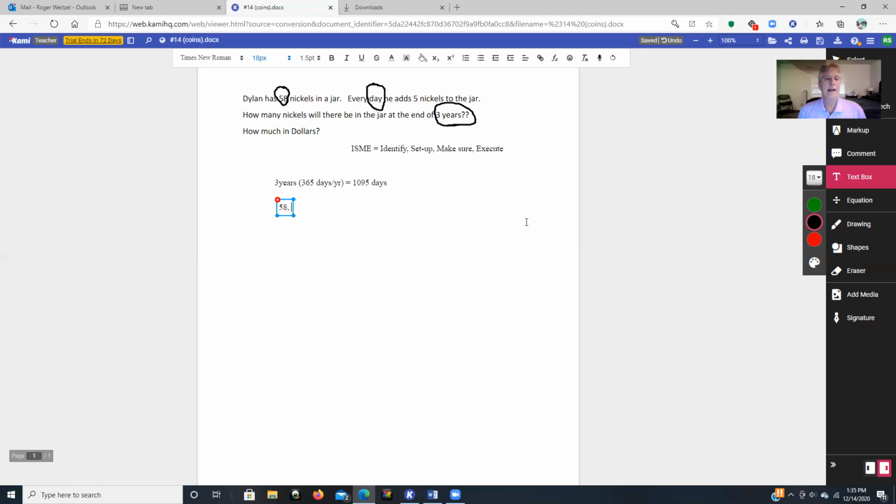The next day we're adding 5, so that's going to be 63. The next day we're going to be adding 5, so that's going to be 68, and we're going to do that 1,095 times. Well, it's going to be cumbersome. So let's see if we can use an equation to do this.